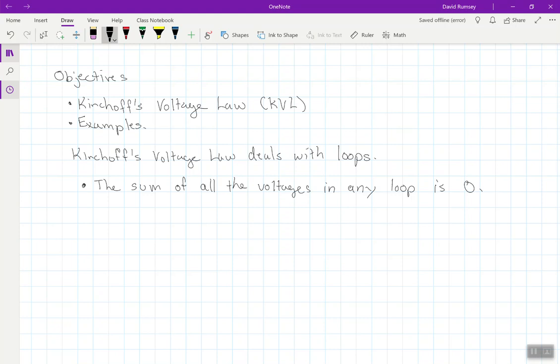And that, again, I don't think should surprise us too much. It kind of parallels what KCL is. To give you a quick example, we're just going to look at a couple examples here. I'm going to start with a really basic circuit.